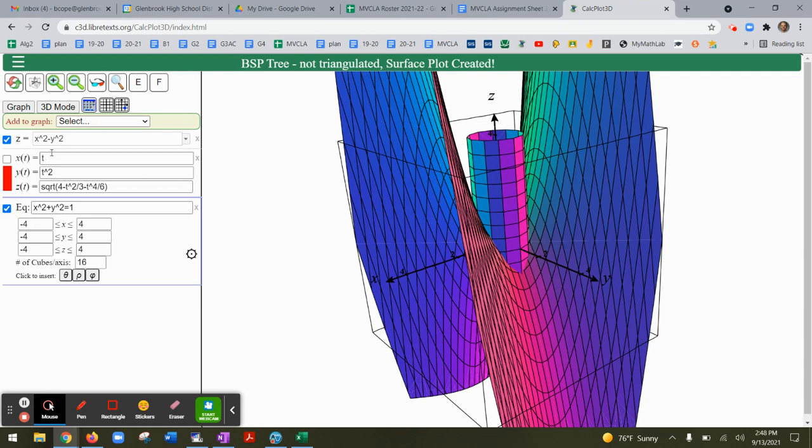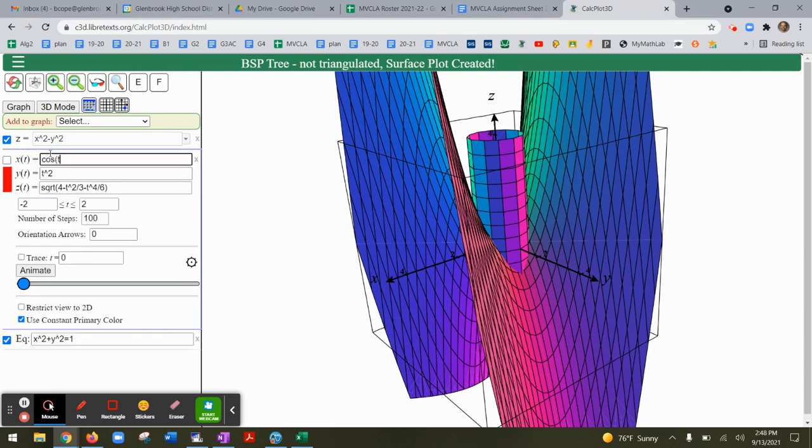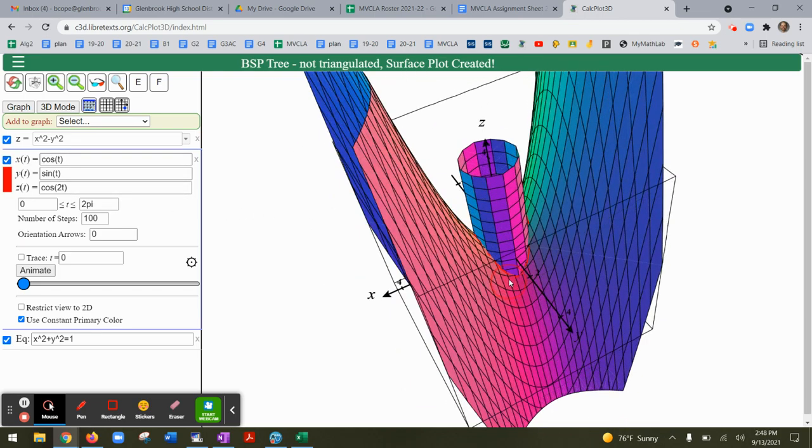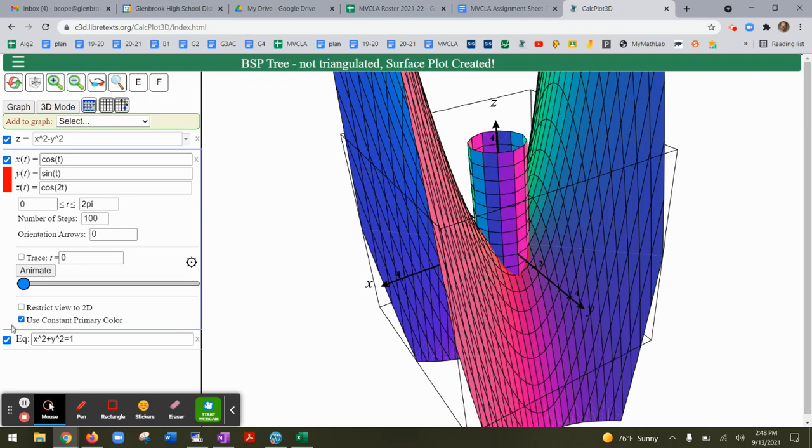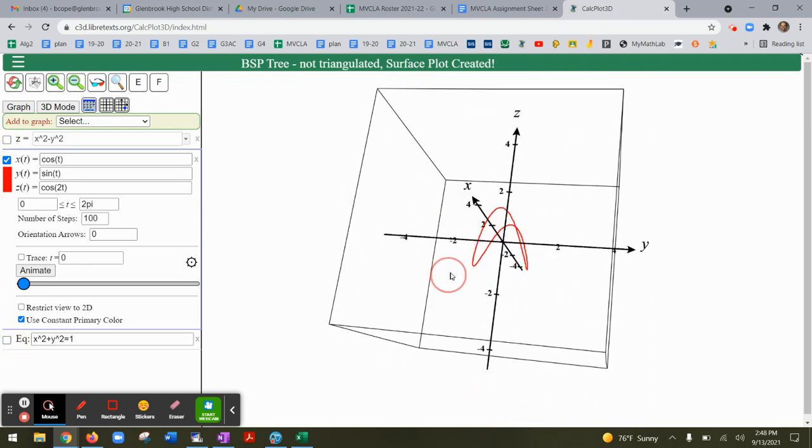Okay, so let's do it. If I let this thing be cosine t, and the next one be sine t, and the next one be cosine of 2t, I'm going to let t vary from 0 to 2 pi, and then show it. Yay, it looks like it worked, but I'm going to need to change or get rid of the other surfaces to see it. So there's our surface.